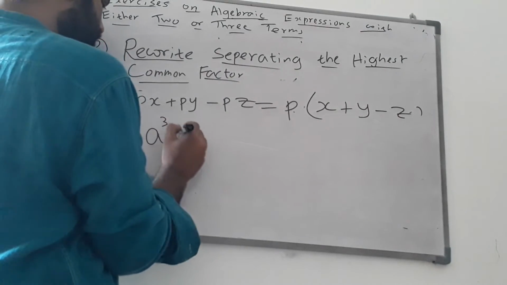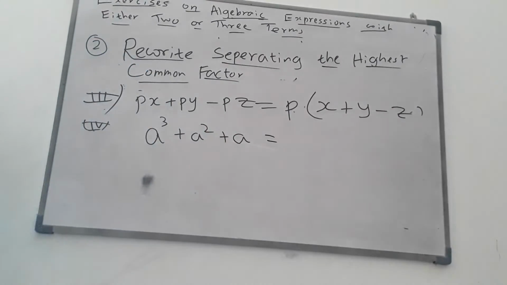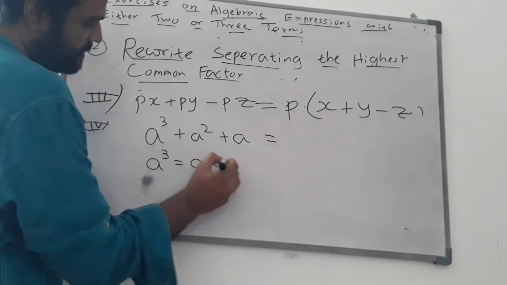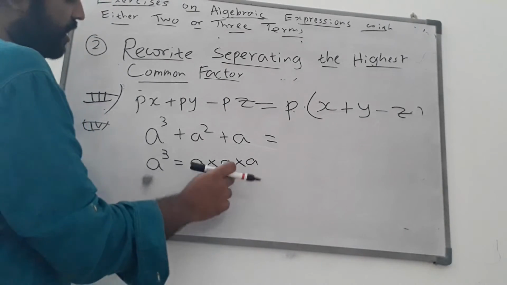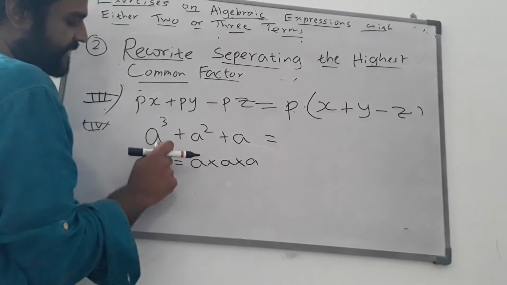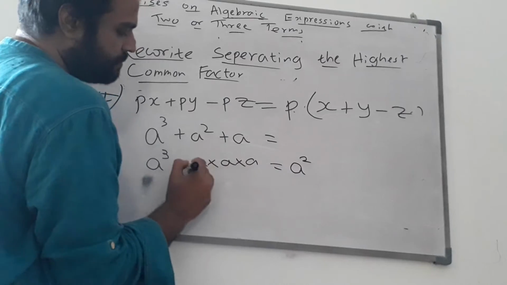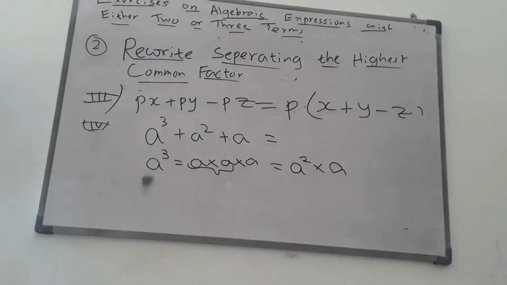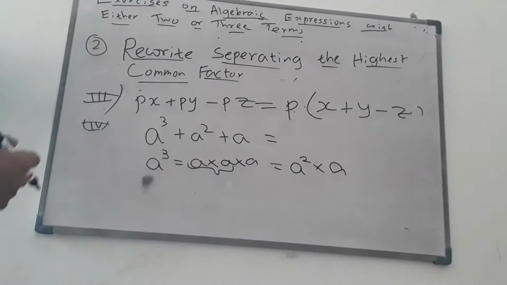It is a cubed plus a squared plus a. a cubed can be written like a times a times a. a times a means a to the power 2. a to the power 2 times a means a to the power 3, or a cube. a times a can be written like a squared as well, and times a is a cube. a to the power 3 can be written like 3 a's multiplied with each other.